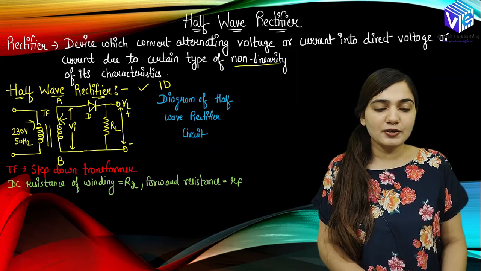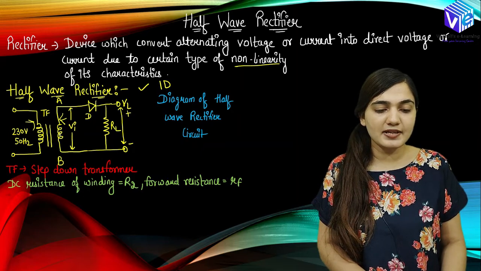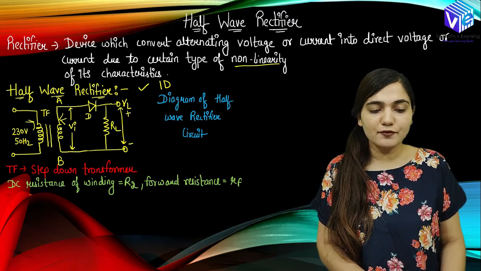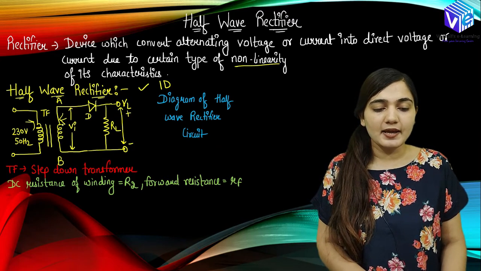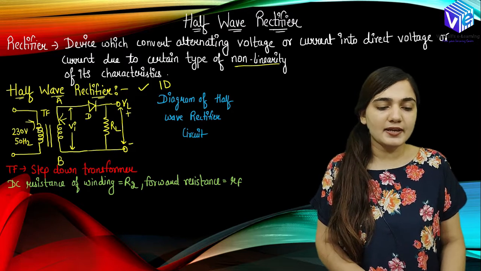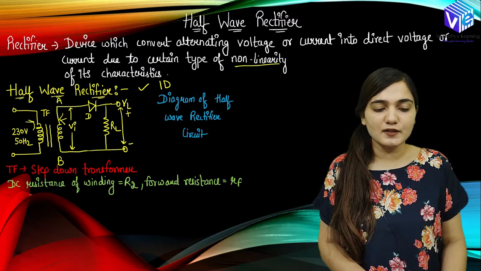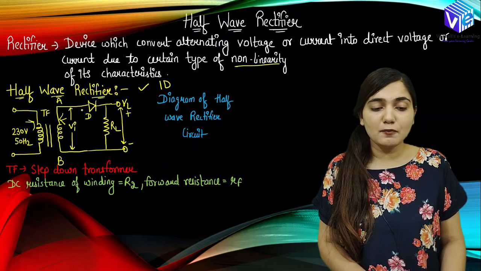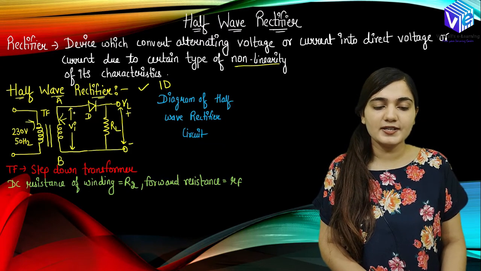With the step down transformer, I will have some input voltage at this terminal of the transformer. Because of this voltage, some voltage will be induced here, that is VI, so the current will start flowing in the diode. The current comes into this terminal of the transformer in AC form, and moves in AC form towards the diode.